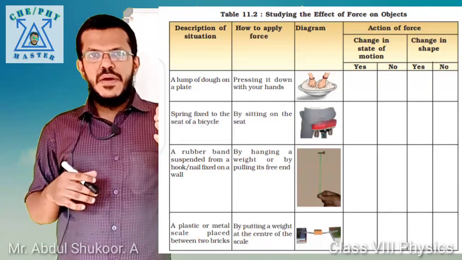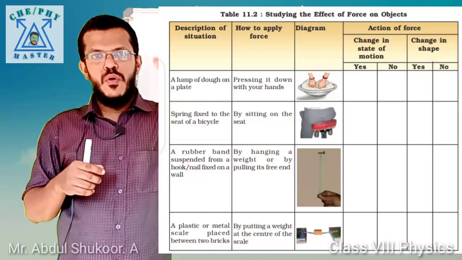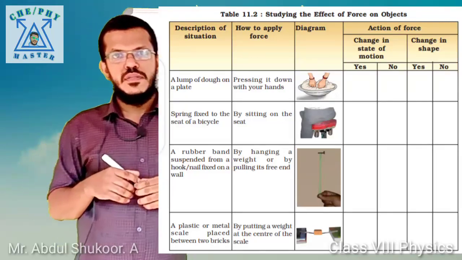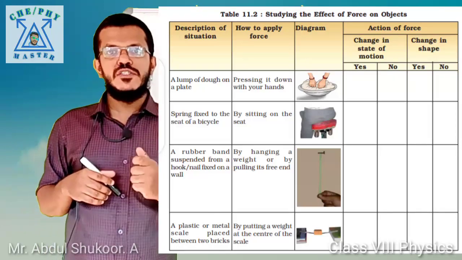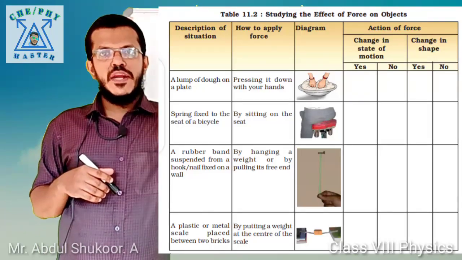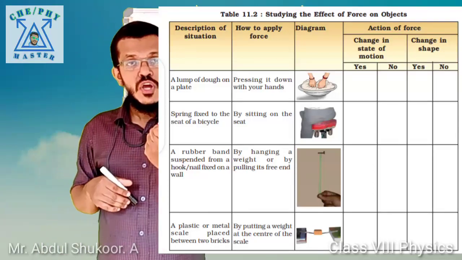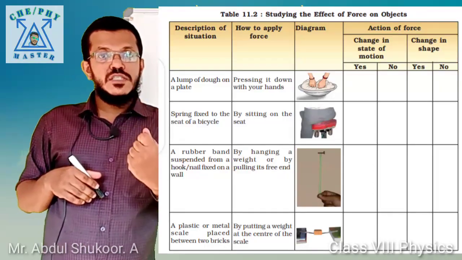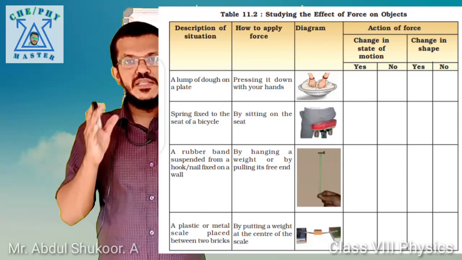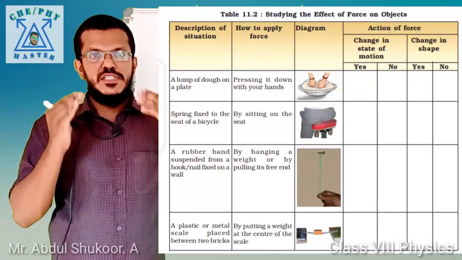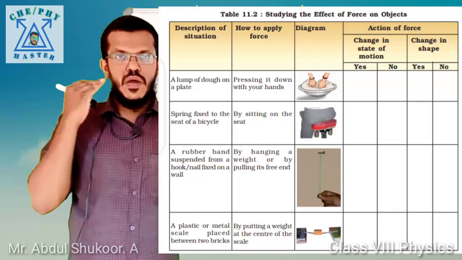Next, a rubber band suspended from a hook or nail fixed on a wall. Then, by hanging a weight or pulling its free end, what is the action of force? You have to complete this table based on our study.